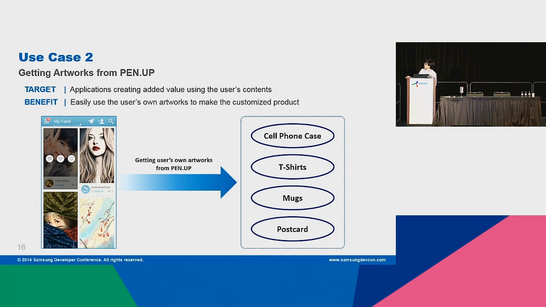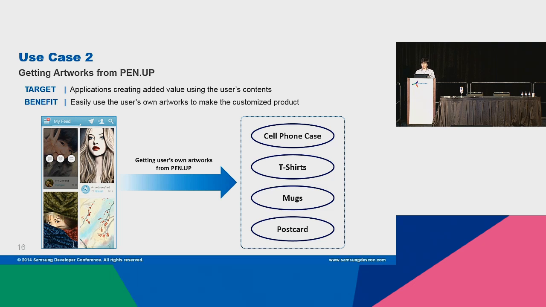The second use case is getting artworks from PEN.UP. This will be helpful to applications that create added value using the user's contents. For example, if your application is a tool to make some customized products, such as cell phone cases, T-shirts, mugs, or postcards, then after getting users' own artworks from PEN.UP, you can print those artworks on your product.